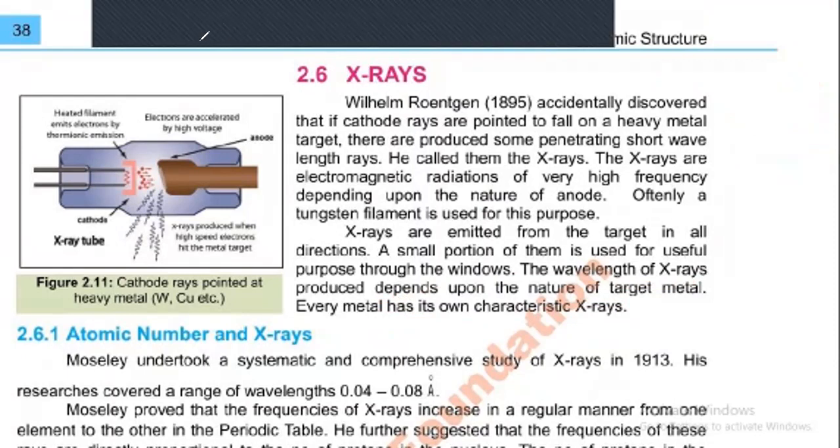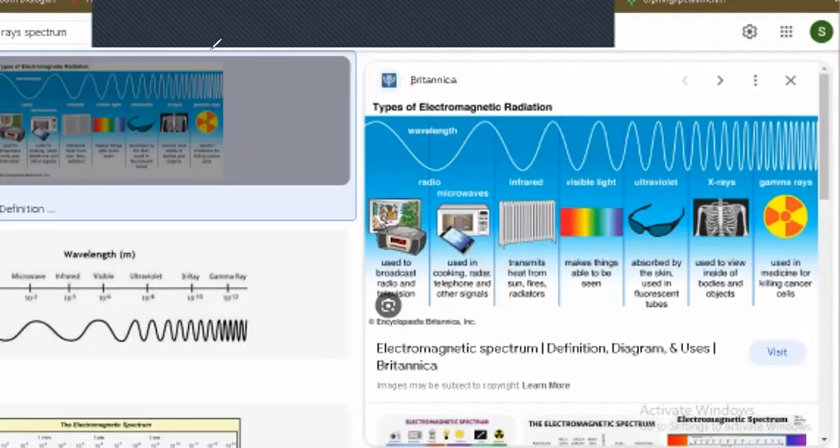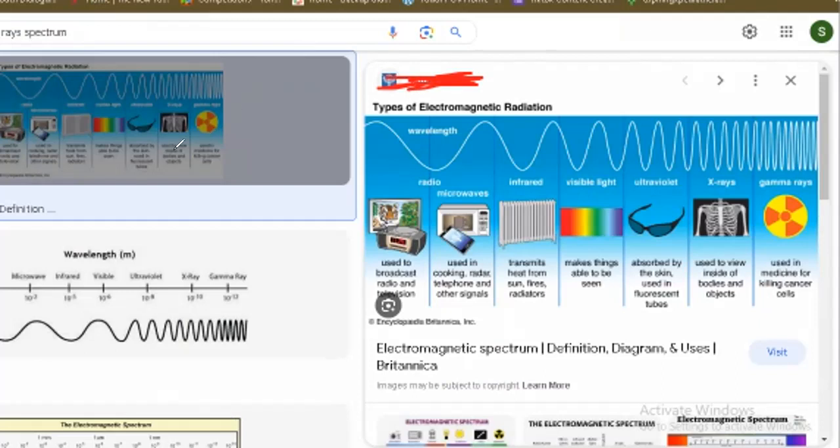Now we are going to discuss some characteristics which are written over here, but I will show you some pictures for that. Up here you can see the types of electromagnetic radiation, where there is X-ray. You can see the frequency of X-ray is very high.